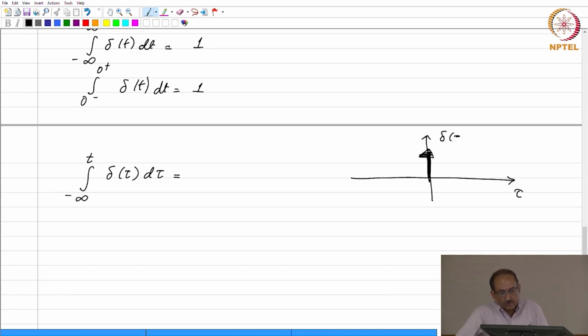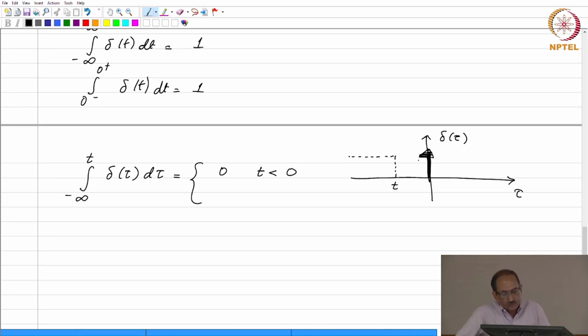So this is delta of tau, and minus infinity to t is nothing but the running integral of this. So we have two possibilities here. If your t is less than 0, then the running integral value is 0. Therefore we say that this is 0 for t less than 0.